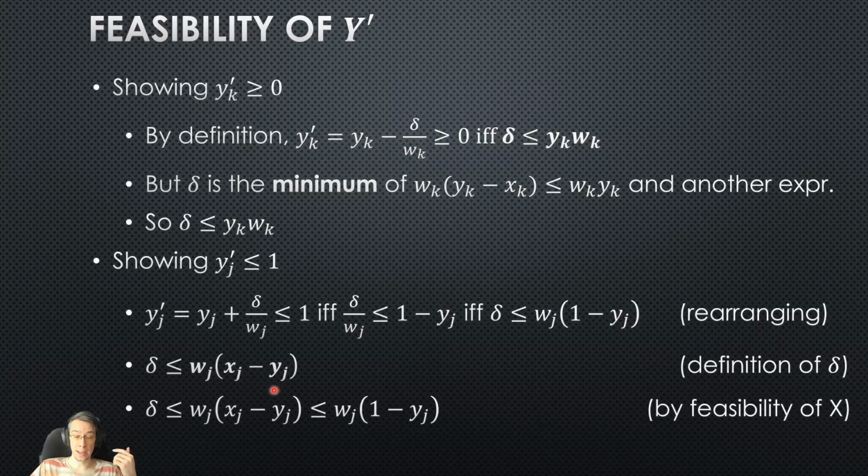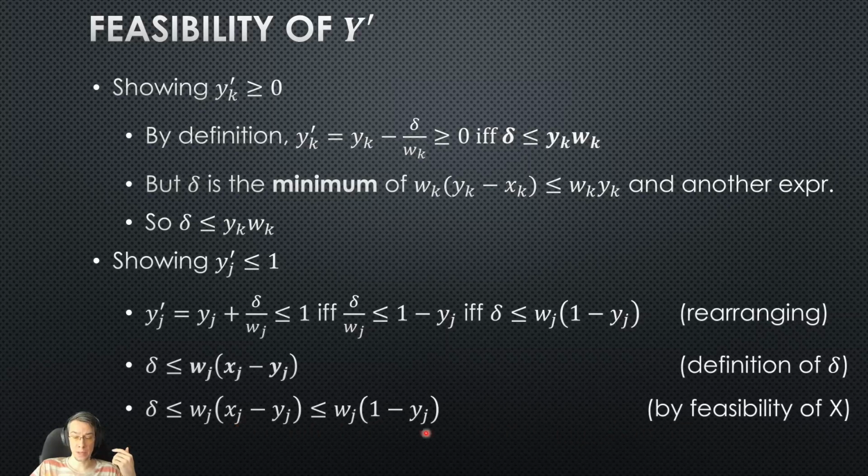Okay, well, how does this expression relate to w_j times (1 minus y_j)? Well, delta is less than or equal to w_j times (x_j minus y_j), which is less than or equal to w_j times (1 minus y_j), because 1 is the biggest value that x_j can take on.